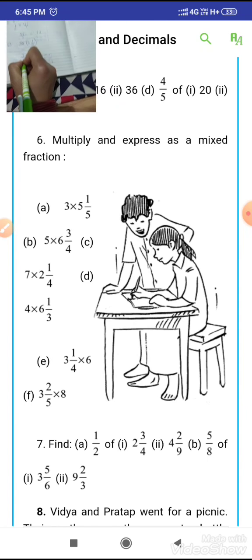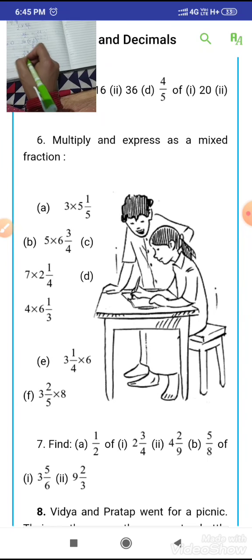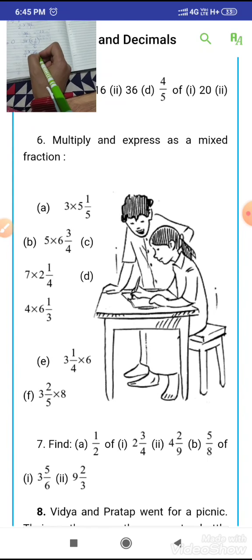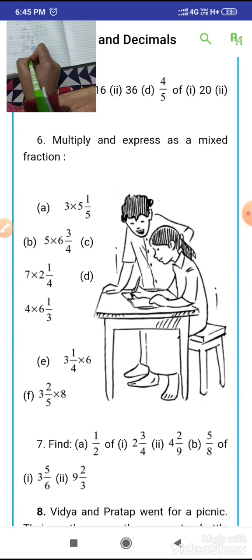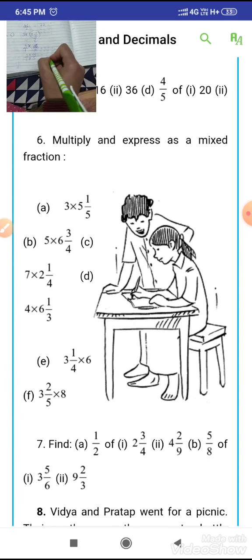So we can write 3 as 3/1, and then we multiply this 3/1 by 26/5. 3 multiplied by 26 and 1 multiplied by 5.